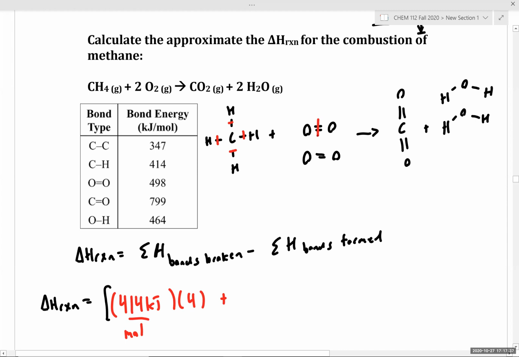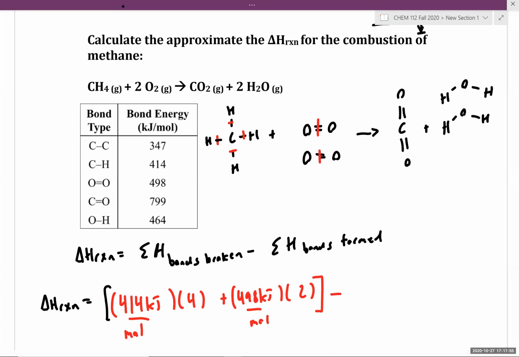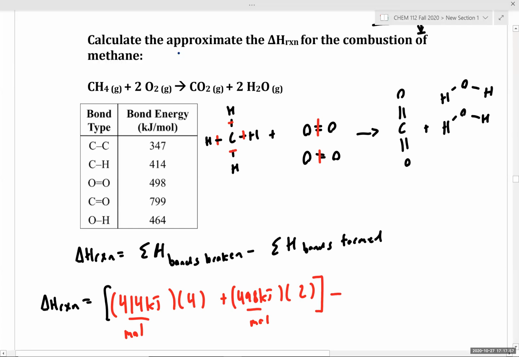Yep, an oxygen-oxygen double bond, and we're breaking 2 of them. Exactly right. So we take our enthalpy for an oxygen-oxygen double bond, and since we're breaking 2 of those bonds, we multiply our bond enthalpy by 2. Okay, so those are all the bonds that we have broken in this process.